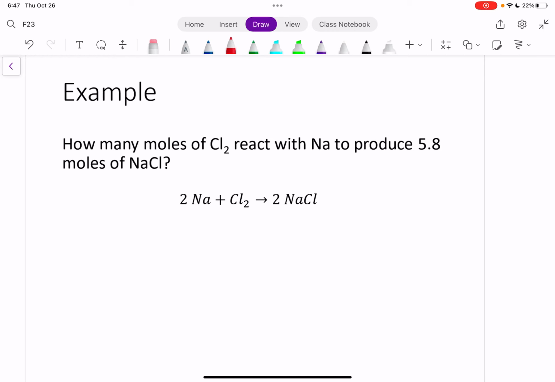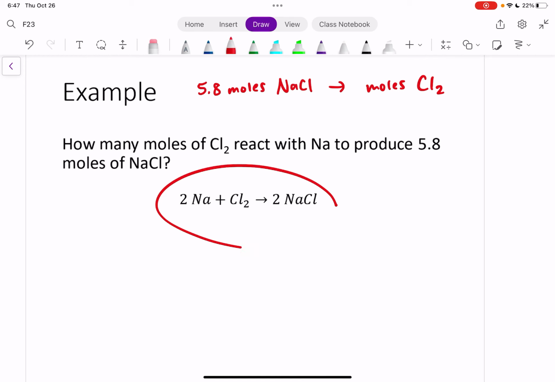So I'm given this 5.8 moles of NaCl, and I want to convert to moles of Cl2. Now, if I want to get from moles of one substance to moles of another substance, the only way to do that is using a balanced chemical equation. That's the only thing that's going to connect moles of one thing to moles of another thing.